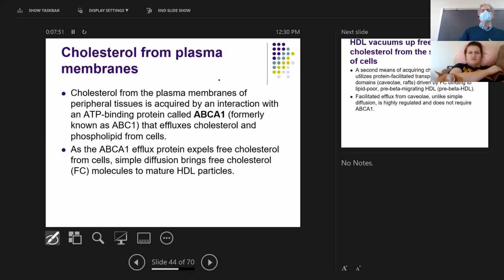Now, HDL can also take up cholesterol from cells and also from plaques and things like that, from foam cells, what have you, by means of a cholesterol efflux protein called ABCA1. ABCA1. So ABCA1 is a cholesterol efflux protein.